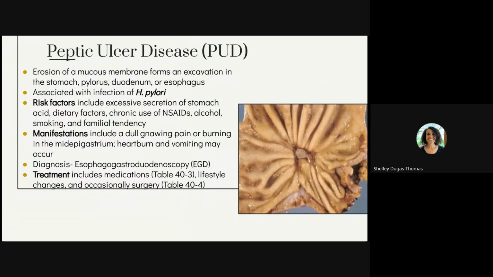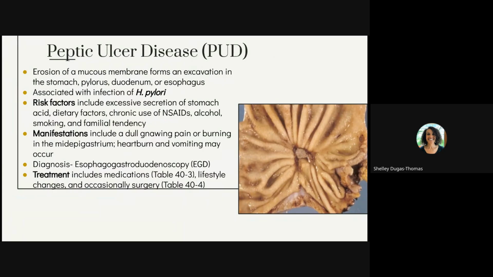So now we're going to move on to peptic ulcer disease, PUD. This is the formation of an ulcer or excavation in the stomach, pylorus, duodenum, or esophagus due to mucosal erosion, often linked to H. pylori infection.